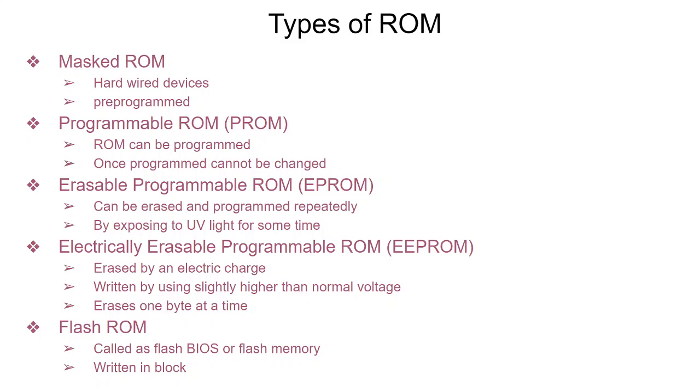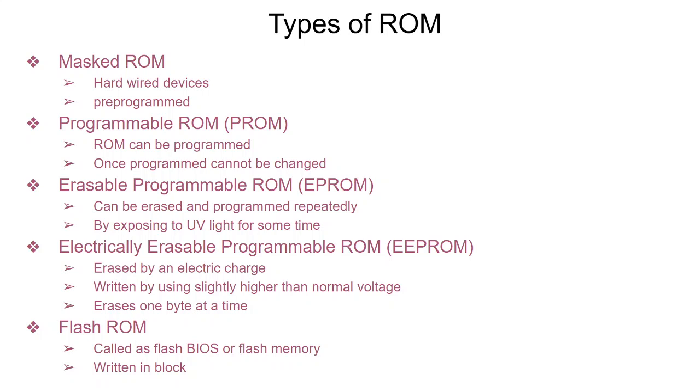Next is electrically erasable programmable ROM. Again, as the name says, it can be erased by an electric charge. Using some electric charge, you can erase whatever is written in the ROM, and to write on that, you need a voltage slightly higher than the normal voltage.